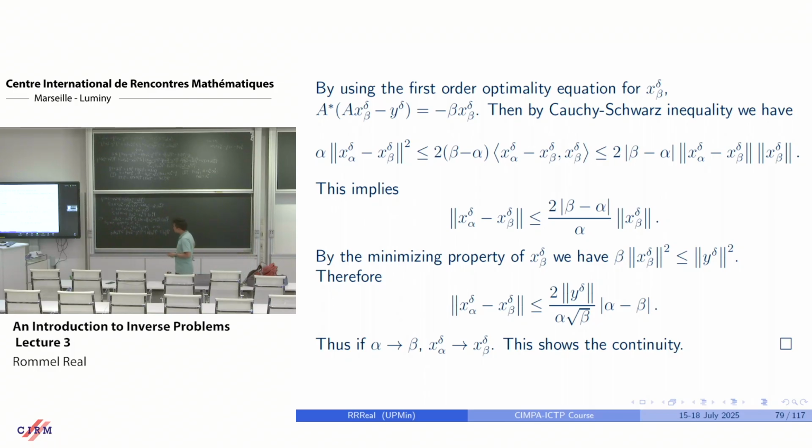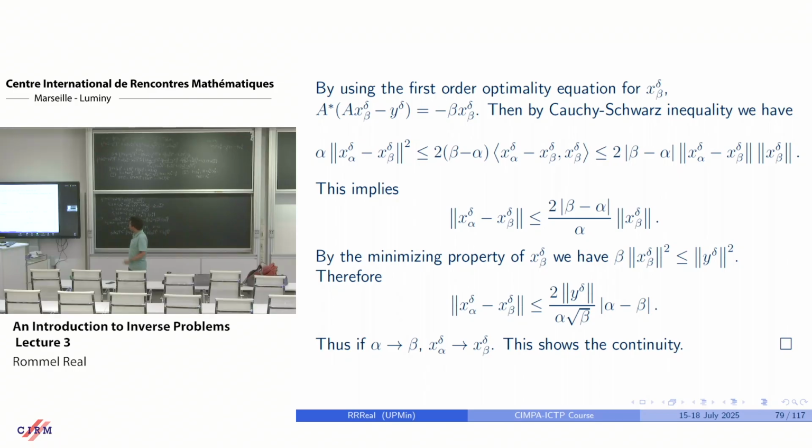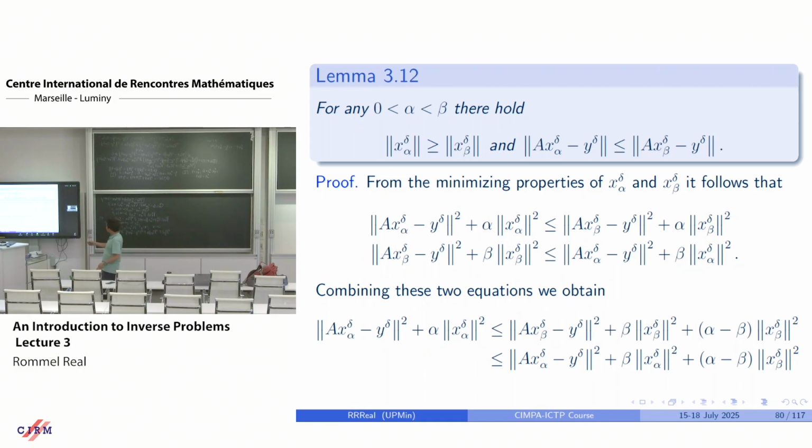Now, we are deriving these preparatory lemmas in order to get to the main result, which is the convergence of Tikhonov regularization under the discrepancy principle. Next, we have another preparatory lemma which has some nice intuition to it. It tells us that for any two positive alpha and beta, where alpha is less than beta, the following inequalities hold.